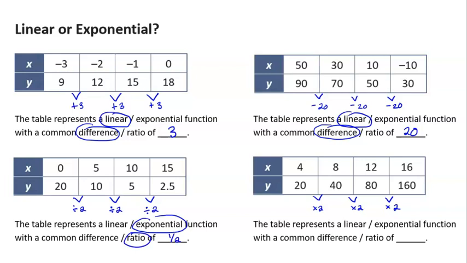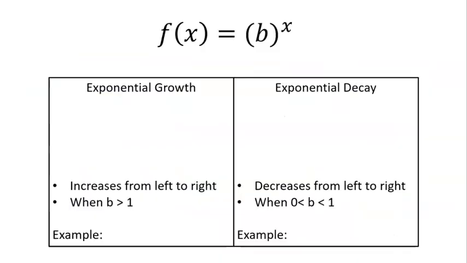So dividing by 2 is the same as multiplying by 1/2. And then our last one, we are multiplying by 2, and so that's going to be exponential with a ratio of 2.